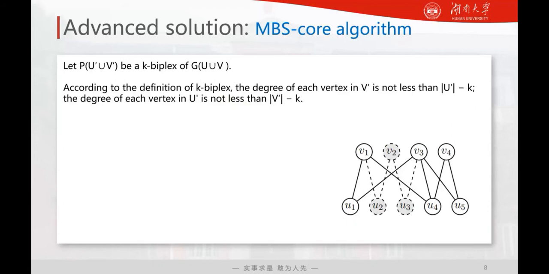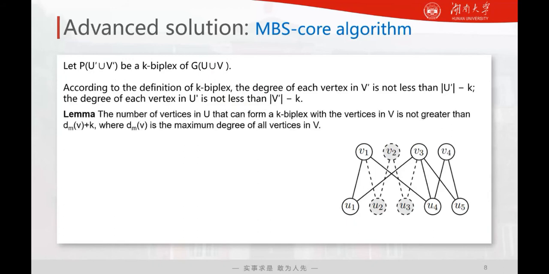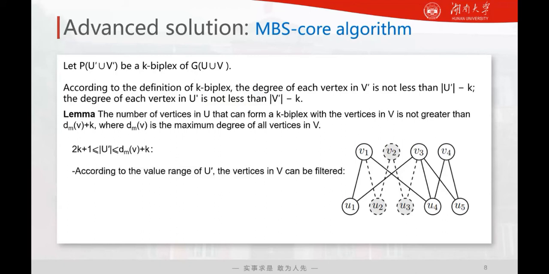We first discuss the range of the number of vertices on each side of the k-biplex. Then we can filter the vertices in set V by determining the number of vertices in set U, and then filter the vertices in set U by determining the number of vertices in V.